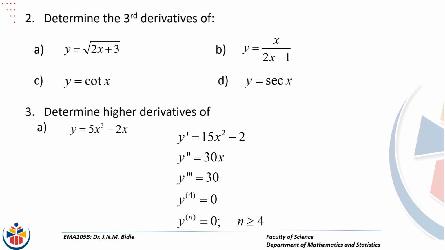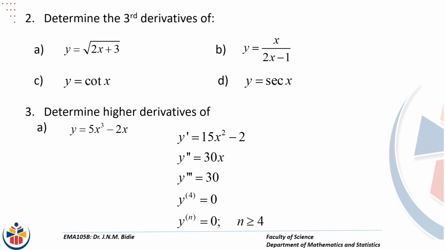It's very important that your first derivative is simplified to make it easy for you to find the second derivative. After finding your second derivative, simplify it so that it is easy to go to the third derivative. So please check your evaluations, check your simplification, and make sure that you've used the correct expressions for each derivative.